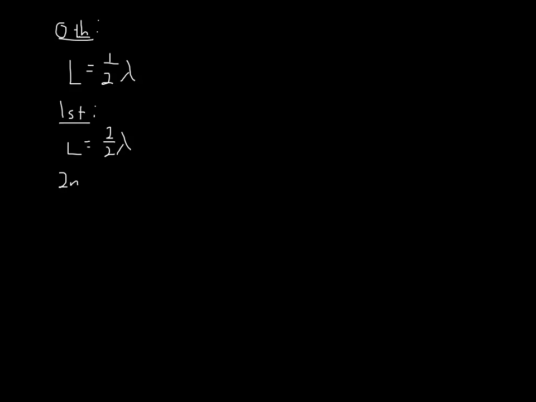The second mode, L is equal to 3/2 of lambda. So you can keep seeing a pattern here where the third mode, L, will be equal to 4/2 of lambda. And then 5/2 of lambda. And so on and so forth.